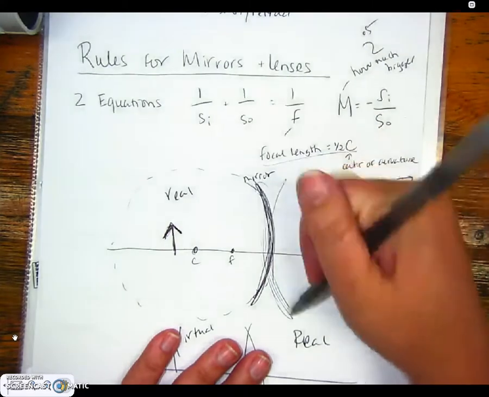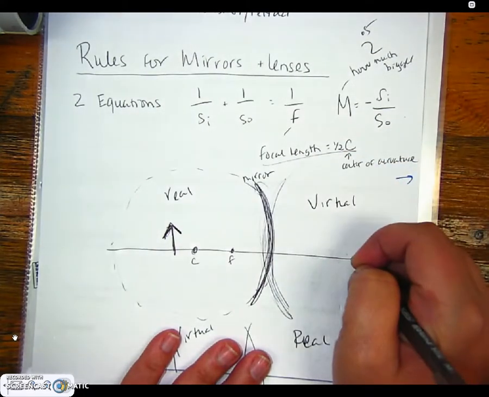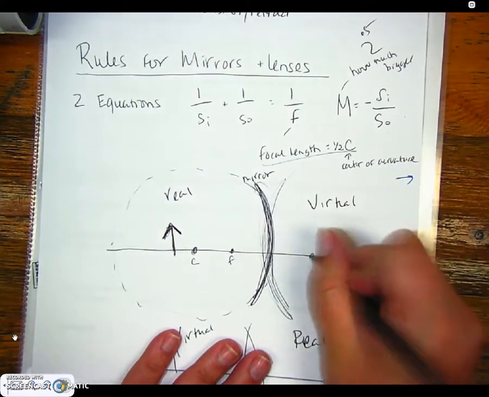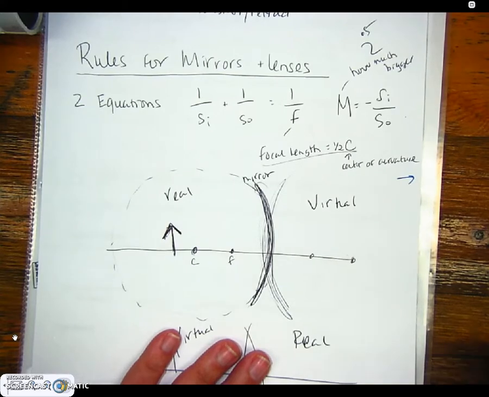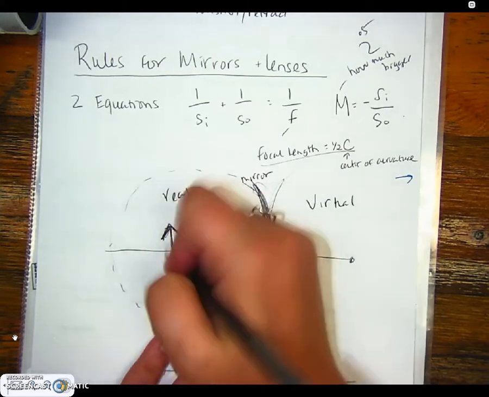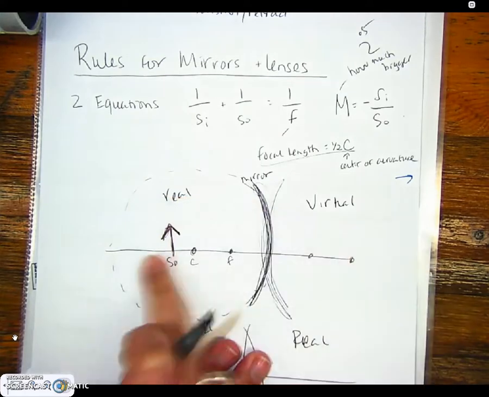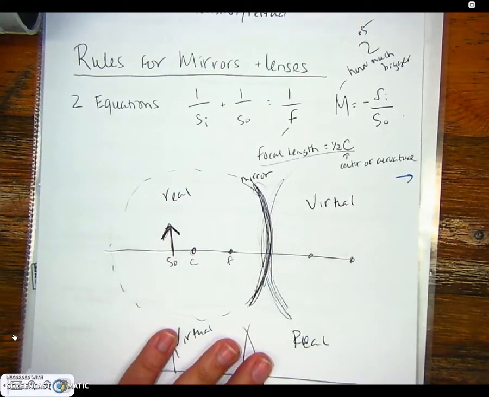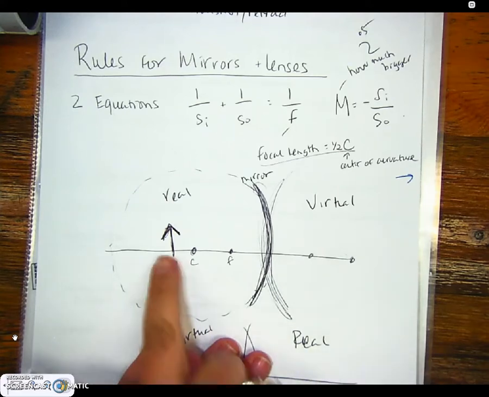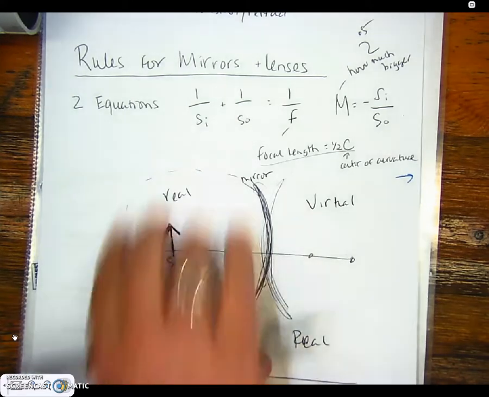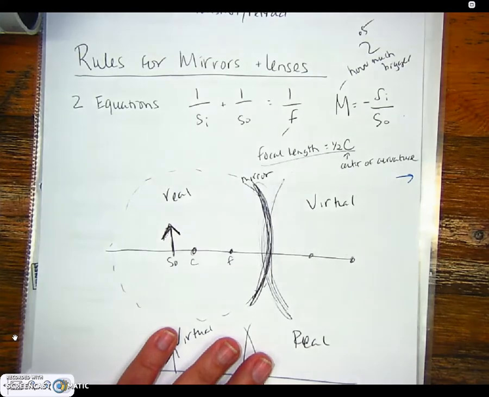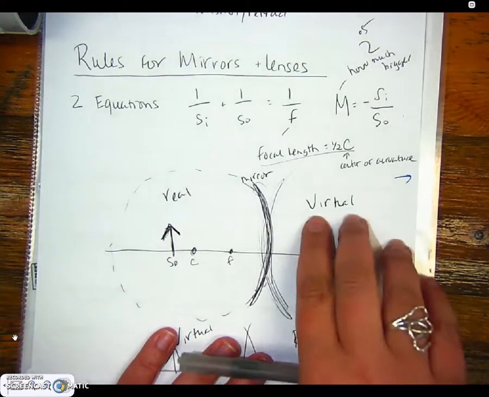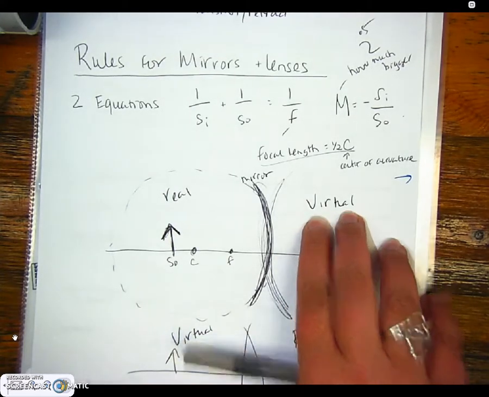Now if the mirror is curving the other direction, then the center of curvature is going to be over here and the focal length is going to be over there. This is my object right here, so the light bounces off of that object, hits the mirror, and then comes back and creates an image. If the image is on this side of the mirror, because mirrors reflect light, this is considered to be real. Whereas behind it, if it creates an image over here, it is said to be virtual.